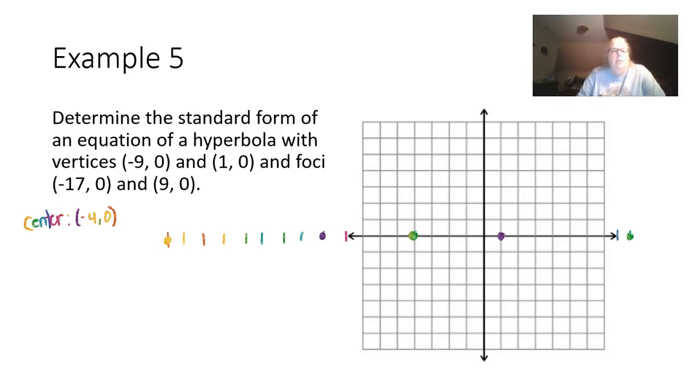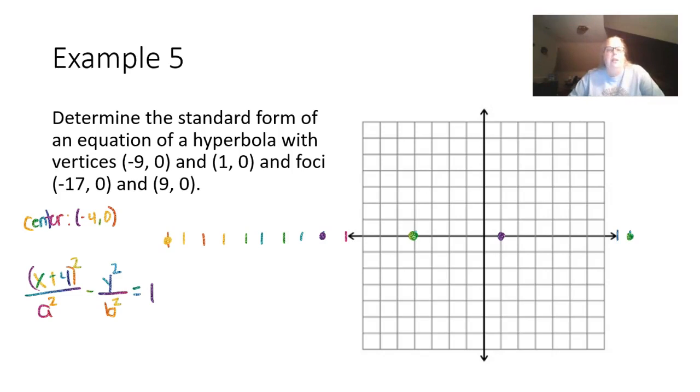It's going to be horizontal. Okay, so we're going to have x plus 4 squared over, we don't know what a is yet, minus y squared, and we don't know what b is yet. And then this is going to be equal to 1. All right, so we're going to have to figure out what a and b are.